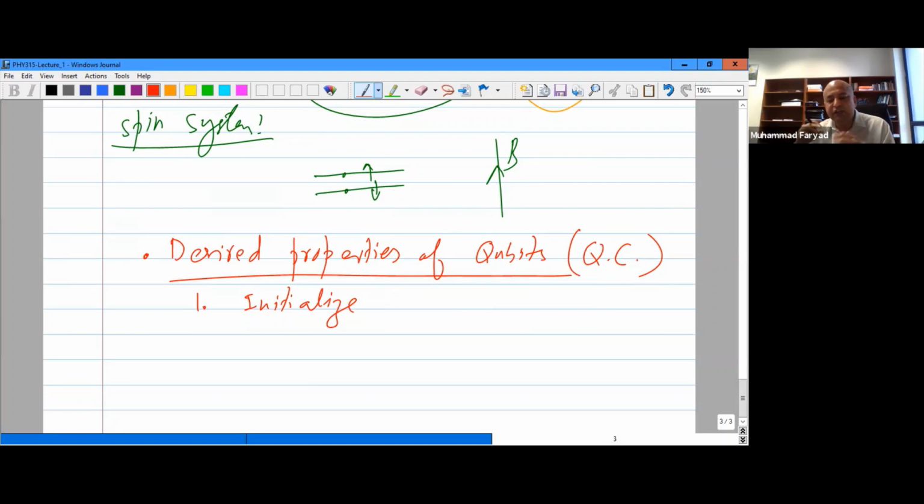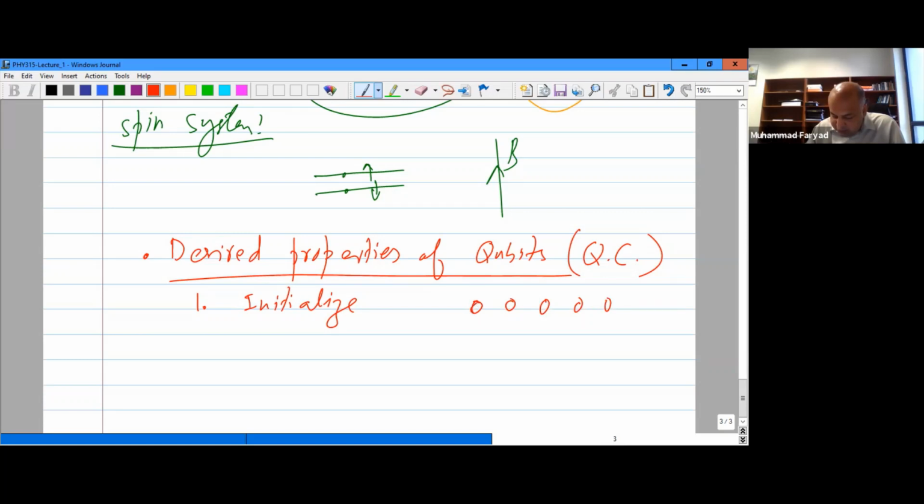So when we turn on our quantum computer, we should be able to initialize the qubits to a given state. It can be any state, but we need to be able to initialize our quantum computer to that particular state. For the sake of argument, let's say we should be able to initialize all of our qubits.